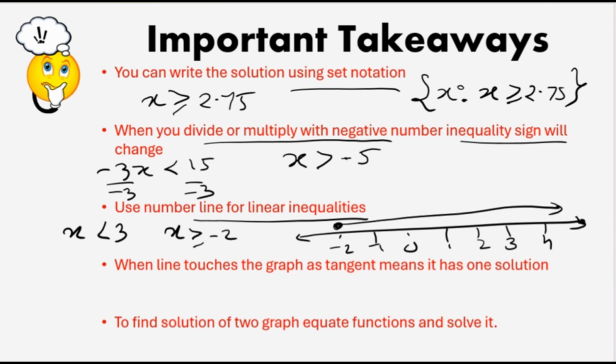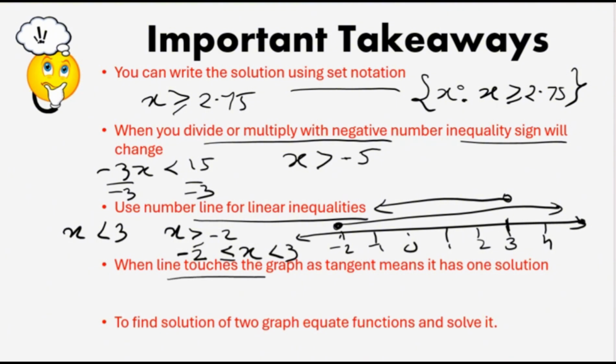And this inequality will tell you x less than 3. But here there is no equal to sign, so I have to put an open circle this way. So you can see which values are common in both. So here to here. How can I write this in notation? I can write minus 2 less than or equal to x less than 3. So you can write it in this way. Use a number line, that will help you.